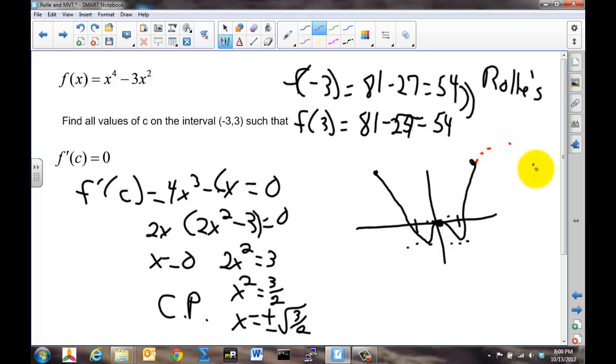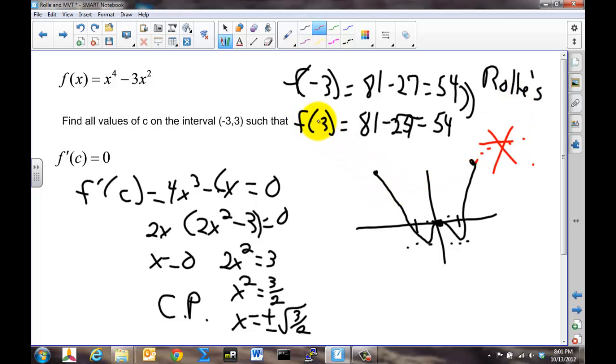What's going to happen if it turns over and starts going back down? It's got to have a horizontal tangent line, which means it has a slope of 0, which means it has a derivative of 0. But we've only got 3 points that have a derivative of 0. So we know that this could not happen right here. So we know then that the function has to keep going up out here on both ends.